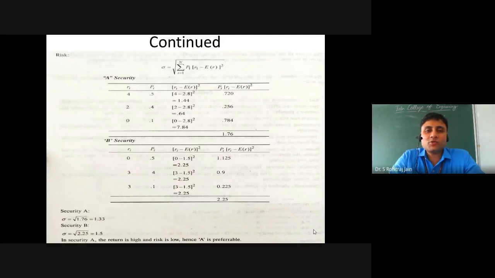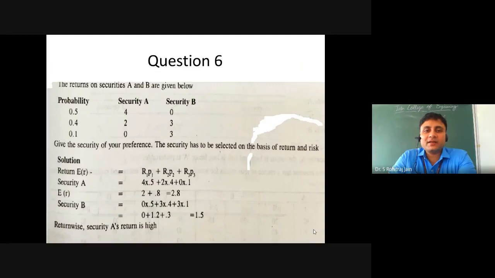First, students, I'll calculate for security A, then I'll calculate for security B. Whatever they have given in the question, I'm writing for security A. The returns are 4, 2, 0 and the probabilities are 0.5, 0.4, 0.1.